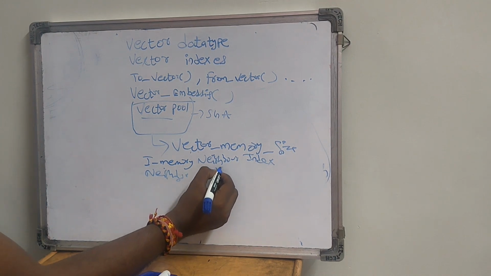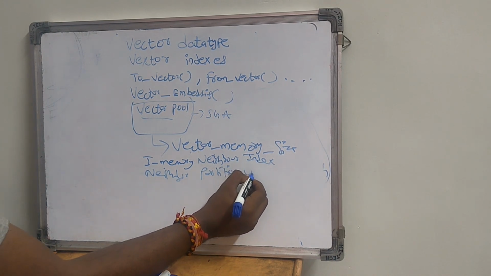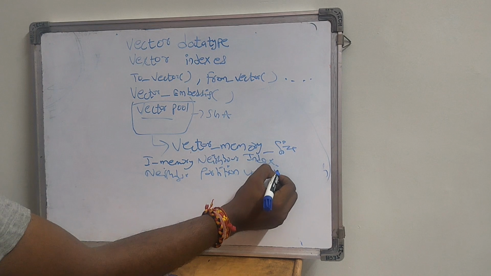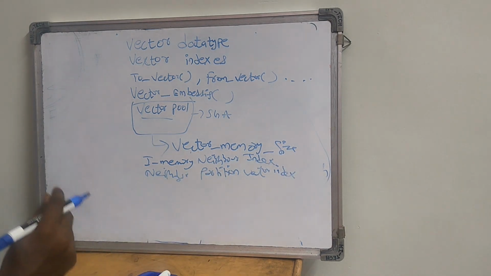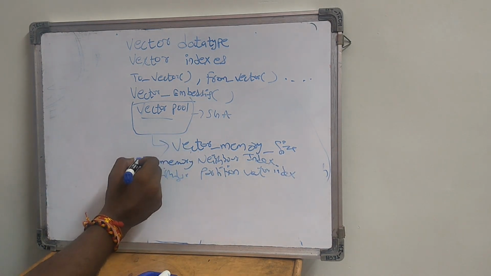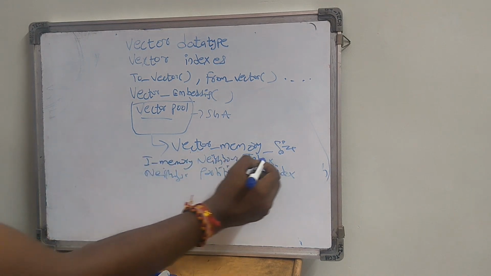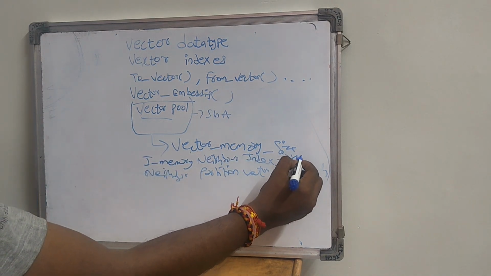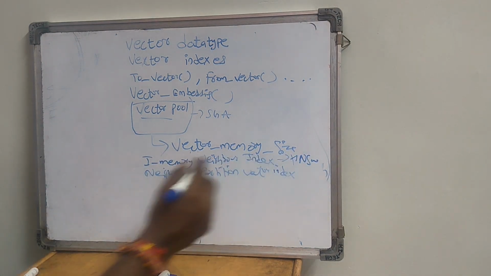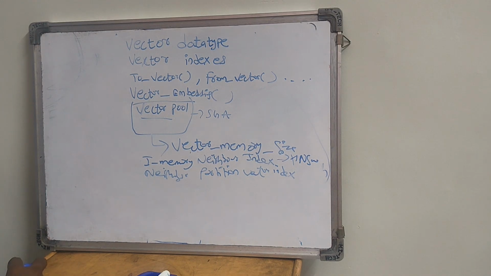Hierarchical navigable HNSW indexes are the only type of in-memory indexes supported for graph type applications.